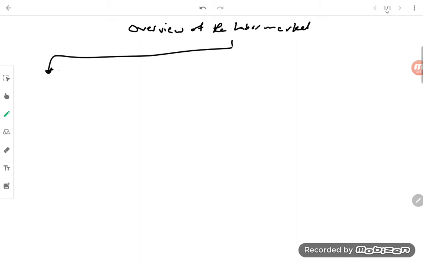Our chapter today is about an overview of the labor market. This chapter is classified into three main parts. Part number one is related to the basic concepts and definitions of labor market.